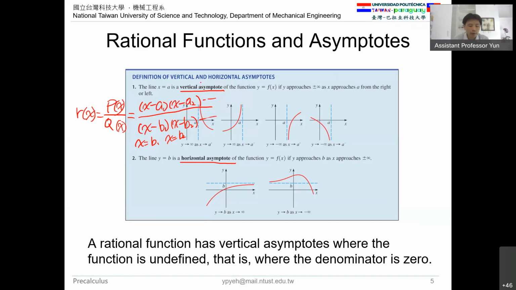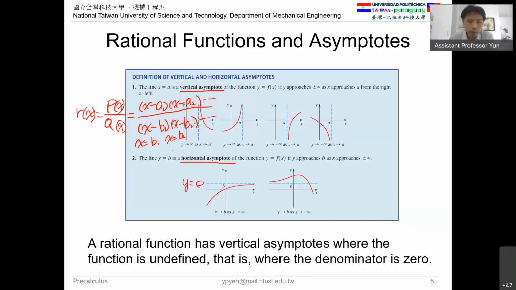So if you would like to find the vertical asymptote, simply find the zeros of the denominator, and then you will define the x point on the graph of these rational functions. And the same goes for the horizontal asymptotes, which we simply know will be y equal to a certain constant number.